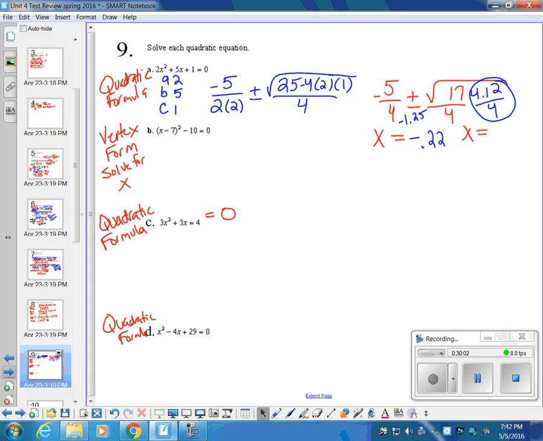Now I'm going to take this negative 1.25 again, but I'm going to subtract the 4.12 divided by 4 this time. Negative 2.28.